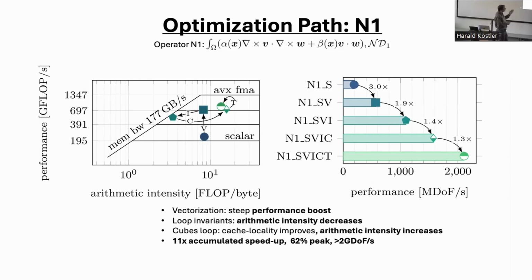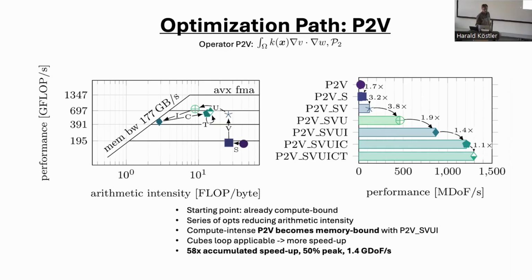If you turn on all of these different things, then you can achieve in principle here, okay, this is relative, it does not say so much, an 11 times speedup, but 62% of peak. I think it's quite okay for that kind of kernel. And this of course is now the benefit of the code generation, that you can do it also immediately for another PDE. So the same thing we did here for that one.